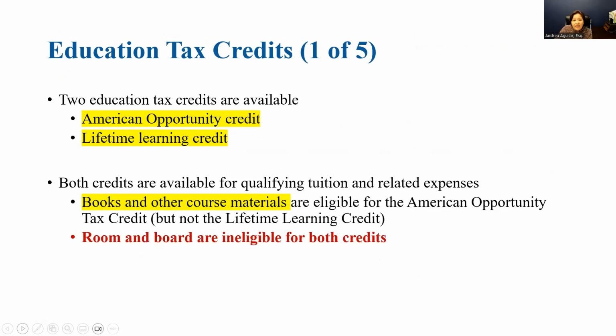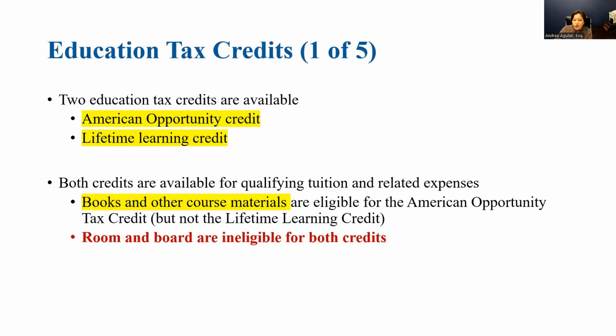Now let's look at the education tax credits. We are very familiar with these credits, right? Because maybe we're claiming the American Opportunity Tax Credit or the Lifetime Learning Credit. But as students, you could potentially get one of these credits. Both credits are available for qualifying tuition and related expenses. What related expenses?